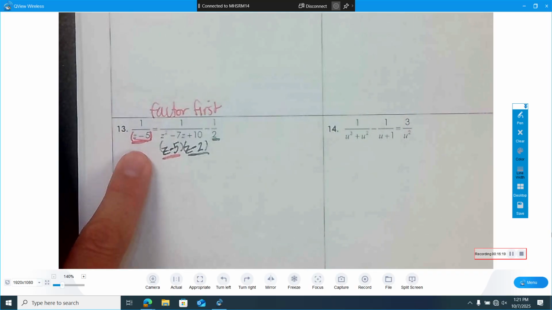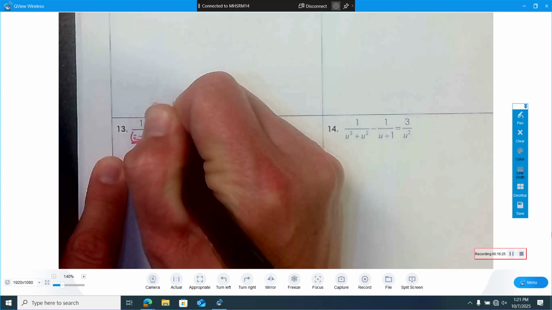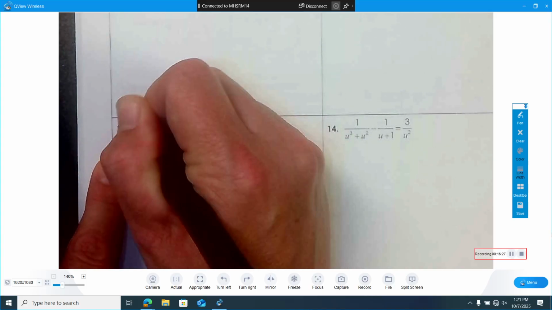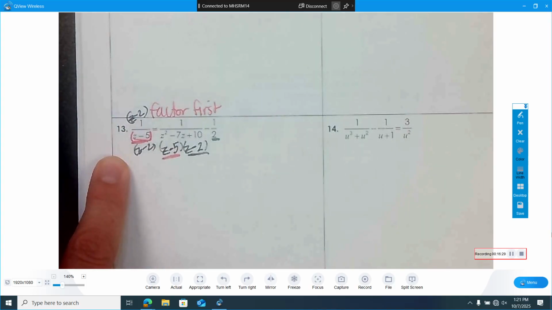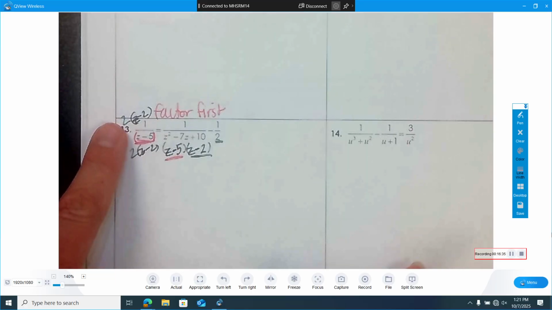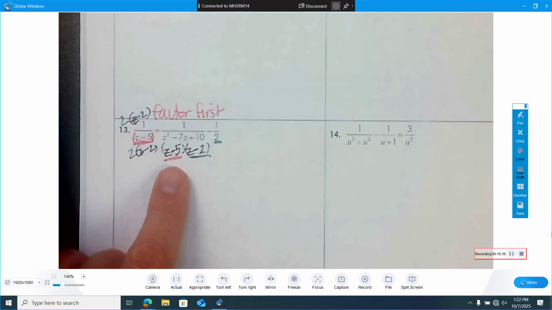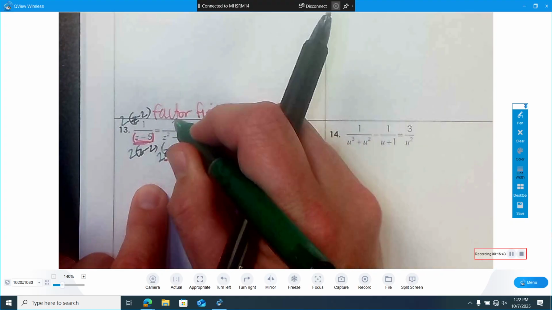So what does this first fraction need? Z minus 2, I got to put on a z minus 2 top and bottom. And what else does it need? The green 2 as well. So I got to put on the green 2 top and bottom. What does the middle fraction need? The 2 top and bottom.